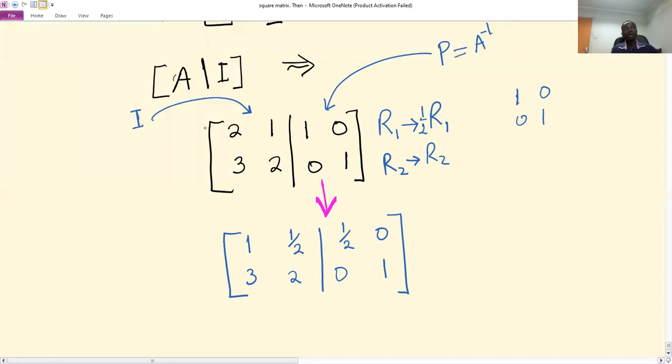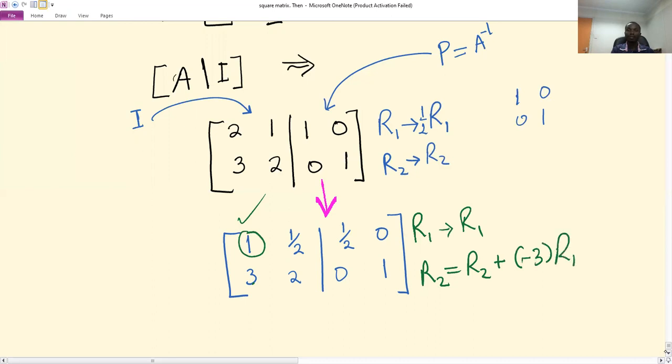Just use the values in fraction form to avoid losing accuracy. Now this is 1 as it should be, so row 1 stays row 1. For row 2, we expect this point to be 0, so we say row 2 plus negative 3 row 1.